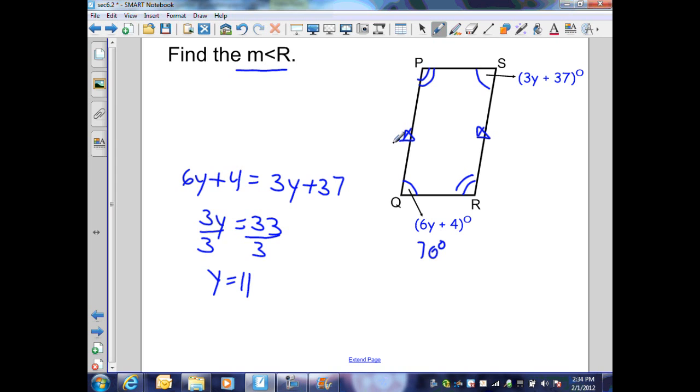And a previous theorem says if I'm given two parallel lines cut by a transversal, then same side interior angles must be supplementary. Knowing that the measure of angle Q is 70 degrees, the measure of angle R must be 70 from 180, 110 degrees.